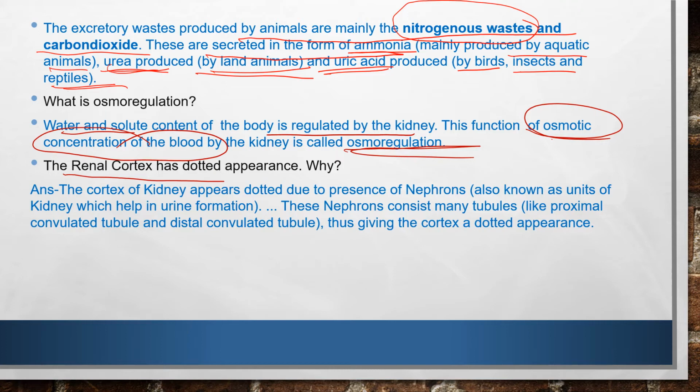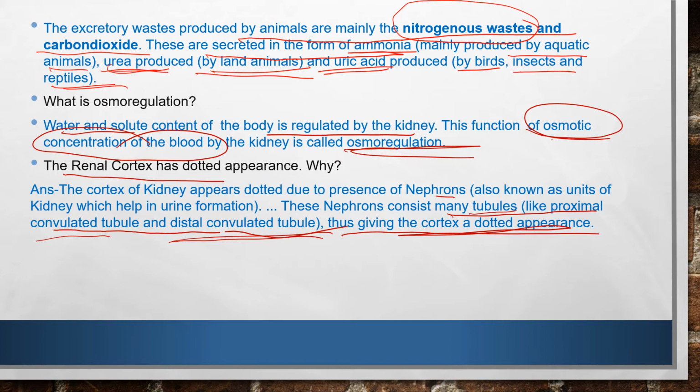Nephrons are the functional units of the kidney, and they consist of many tubules like the proximal convoluted tubule and the distal convoluted tubule, thus giving the cortex a dotted appearance. Is it clear? This is a very basic answer. The dotted appearance is due to the proximal and distal convoluted tubules, which lie in the cortex region of the kidney, not in the medulla region.